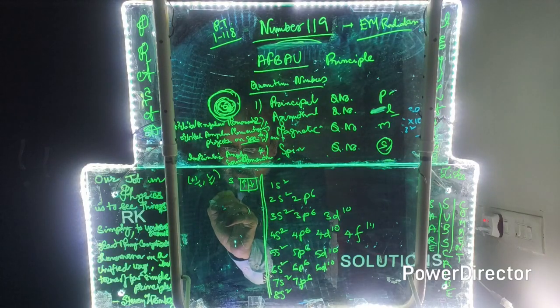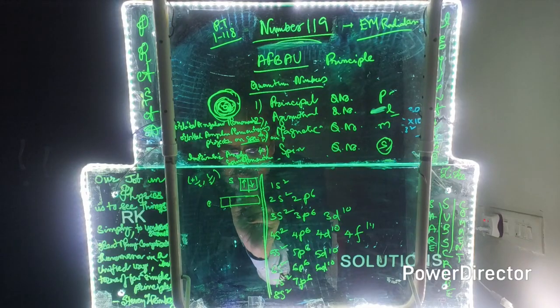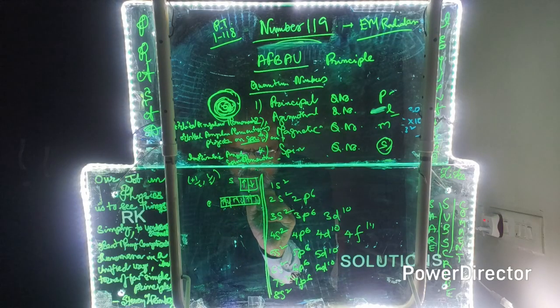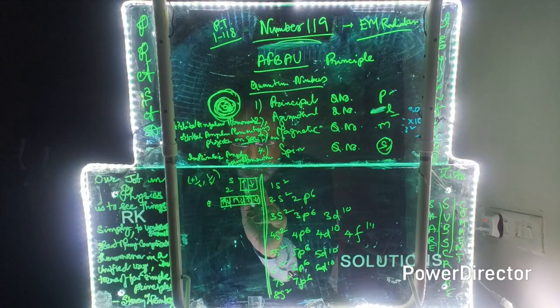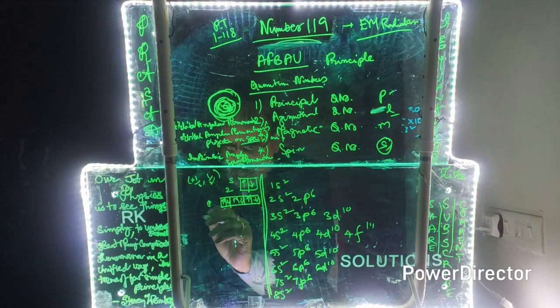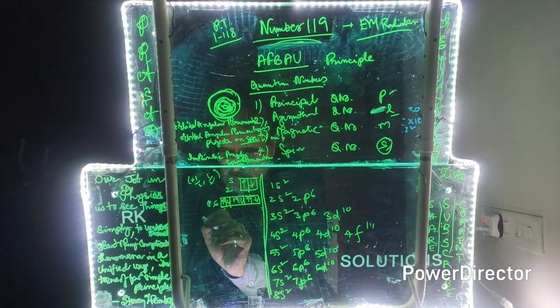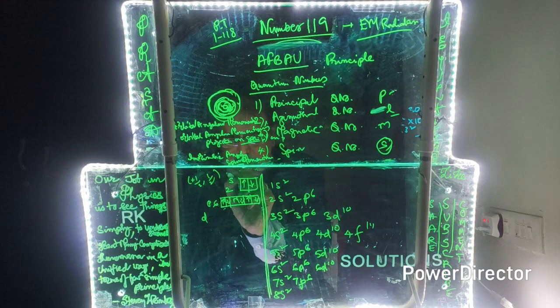Coming to p, this will be subdivided again, so up, down. This can house only two electrons, up or down. This can house six electrons. These are, by the way, called orbitals.